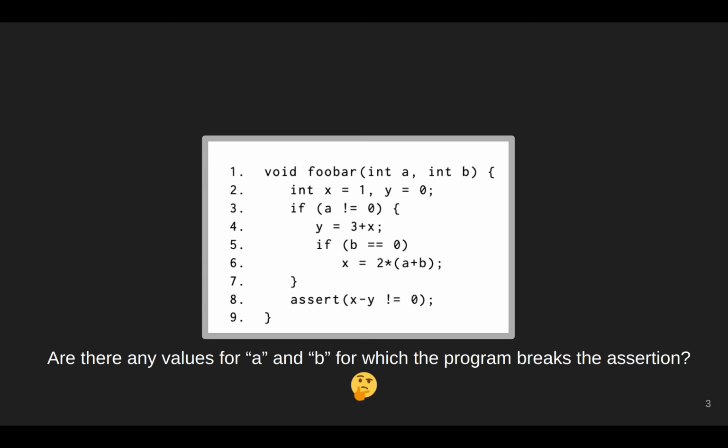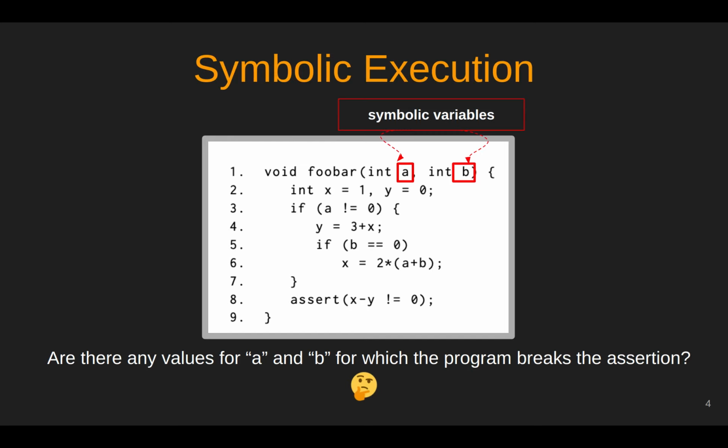That's called symbolic execution. Basically, it treats a and b as symbolic variables, which we talked about a bit in the TA session, which means they don't have any concrete value. They're just variables that hold some value, and as you proceed through the program, you add constraints on those values, depending on which path you take. So if you take the true path in the if statement, if a not equal to 0, then you step into the then statement, and your first constraint on a is that a is never equal to 0.